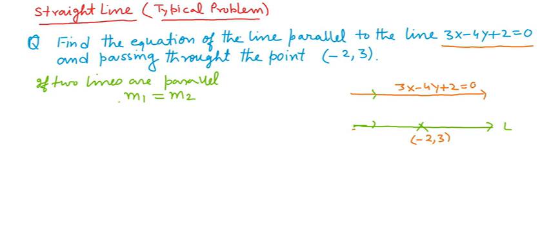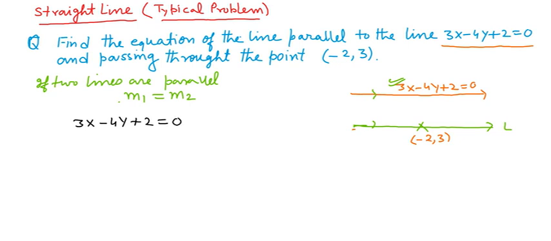So we can calculate the slope of the given line. Given line is 3x minus 4y plus 2 is equal to 0.